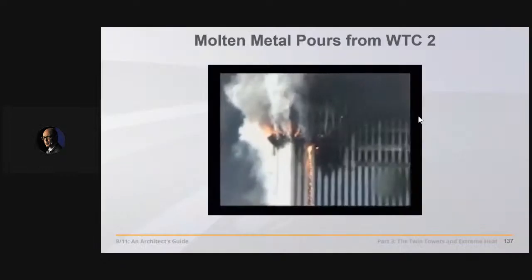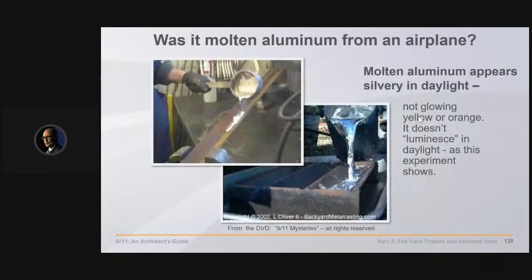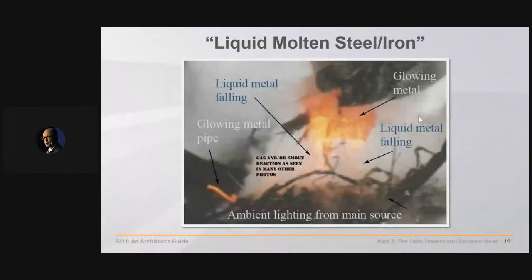Upon being asked about this very frequently, NIST said in their frequently asked questions published years later that it must be molten aluminum. Well, molten aluminum doesn't glow yellow to white hot, in red, in daylight conditions, as you see in this material pouring out of the crab claw excavator.